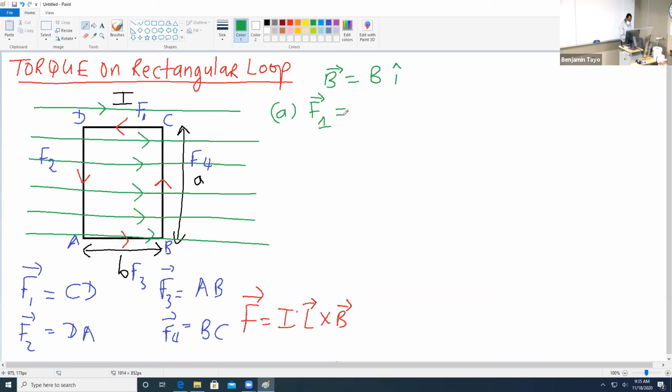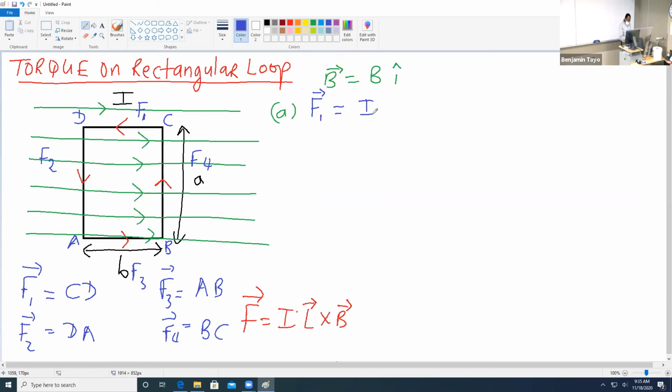When we calculate F1, F1 is equal to the magnitude of the current, which is I. What is the length vector from point C to point D? It's negative I, right?